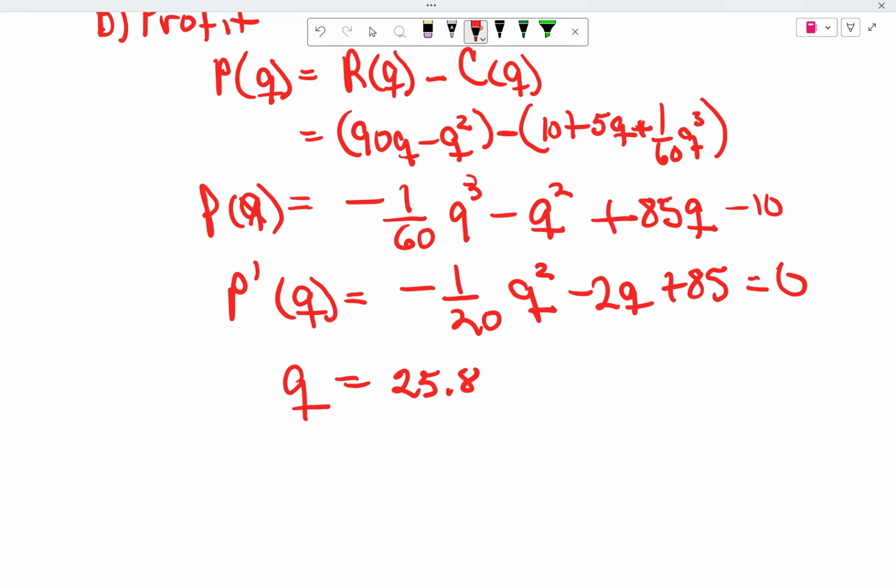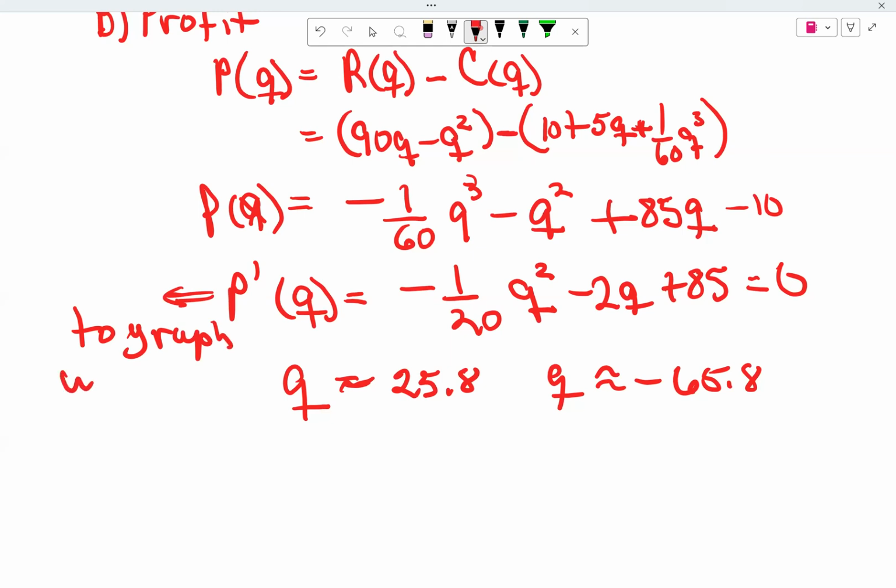In this case you get something approximately, so it's not exact, approximately 25.8, and the other Q is approximately negative 65.8. So remember, either graph or use the quadratic formula or some technology that'll help you find it.